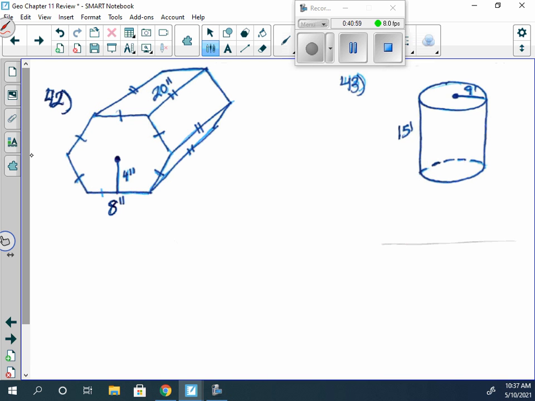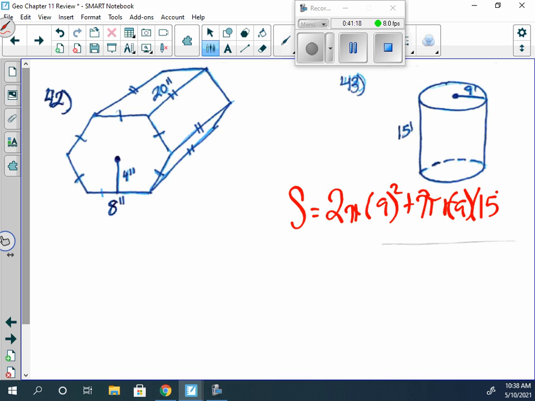43 equals 2 pi r squared plus pi r L. For our cylinder, 2 pi r squared plus pi r L would be the surface area. So 2 pi times the radius squared plus pi times our radius, which is 9, times the height.